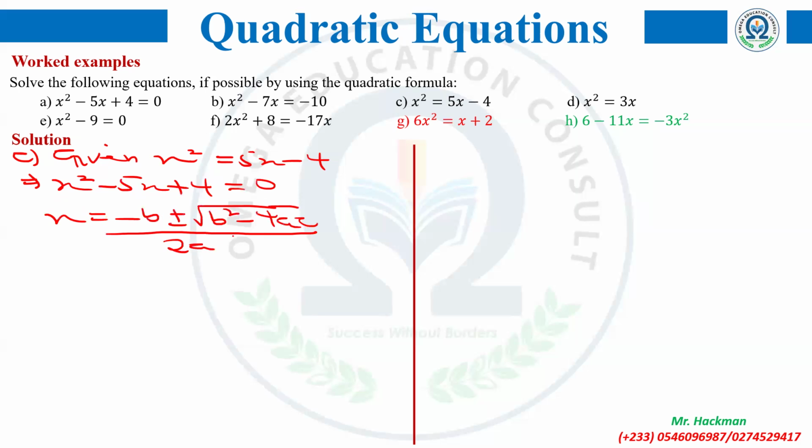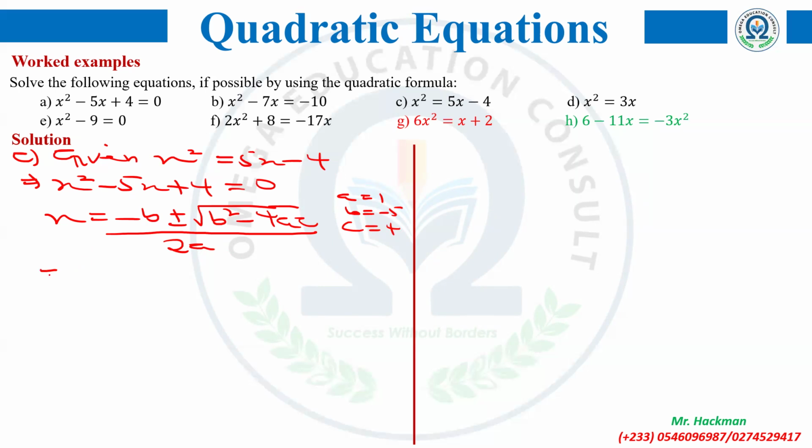Here I will not write but a is equal to this, b is equal to this. I'm going to write that as rough work. So I will extract my a is equal to 1, b is equal to minus 5, and c is equal to 4.